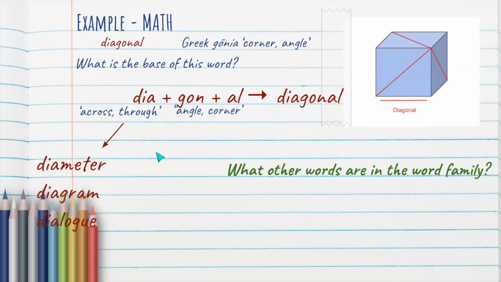What are the other words that are in the word family? I could also say, what other words do we know that use AL as a suffix? What is it doing? And that could be a whole other conversation that we have. So if you know that GON means angle or corner, what are some other words that are in this word family?